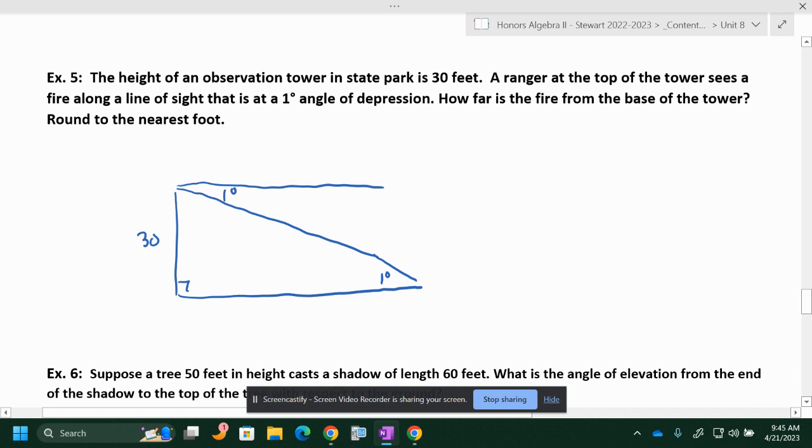I've got my opposite and my adjacent. So I'm going to use the tangent of 1 is equal to 30 over x, or x is equal to 30 over the tangent of 1.